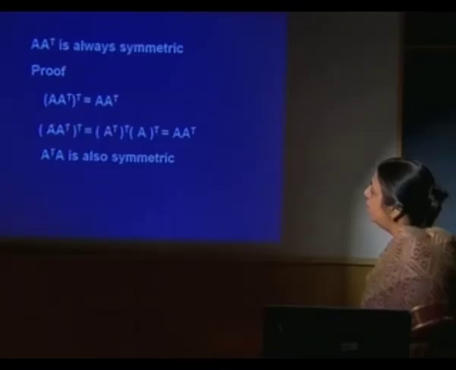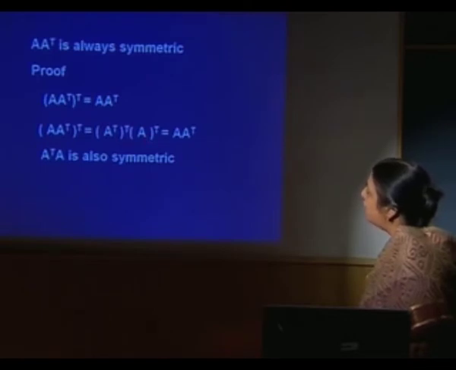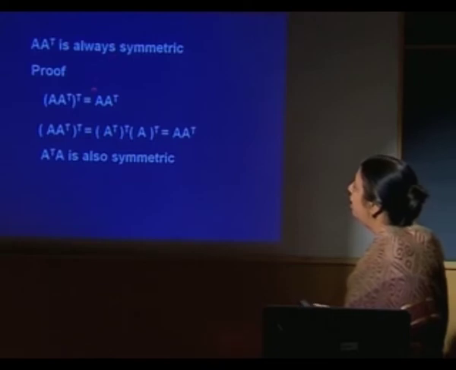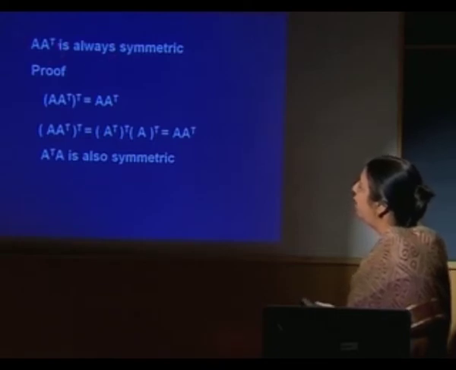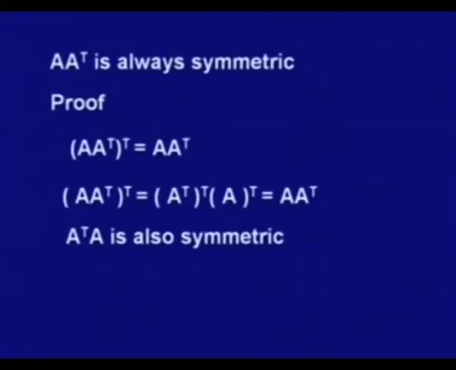This is the B matrix, this is AB, so this is B transpose A transpose. So, I have A transpose transpose and A transpose, but I have already proved that A transpose transpose is nothing but A. So, this multiplication is nothing but A A transpose. So, A A transpose transpose is the same as A A transpose, and that is the basic property of symmetric matrices, and hence we can say that A A transpose is a symmetric matrix.